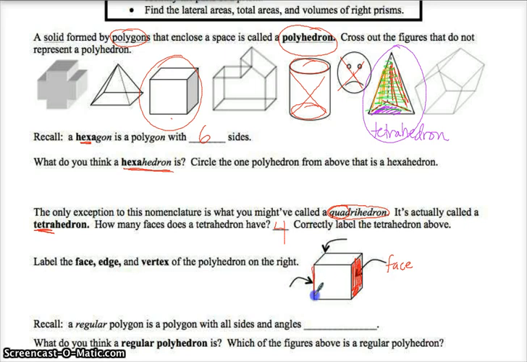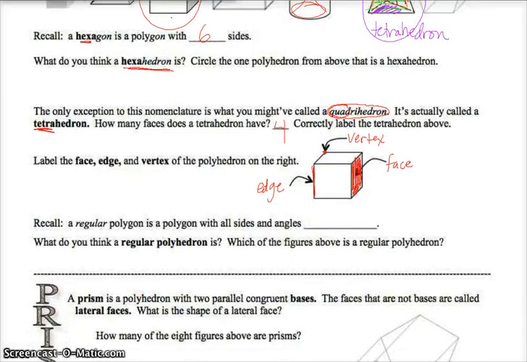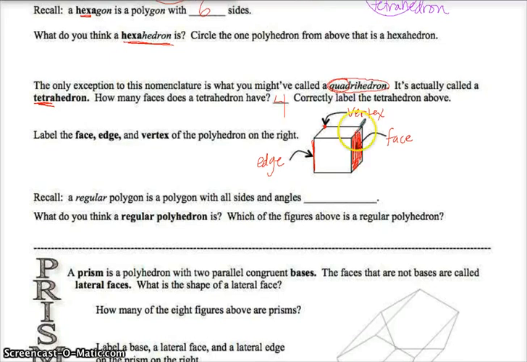What we used to call the side of a polygon, this is now the edge of a polyhedron. So the vertex is still pretty much the same. Where 2 edges meet, that is called your vertex. Okay, so there we have it. Different parts of our polyhedron, our face, edge, vertex.